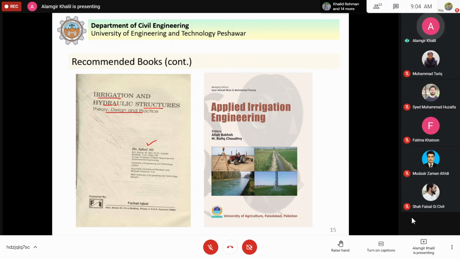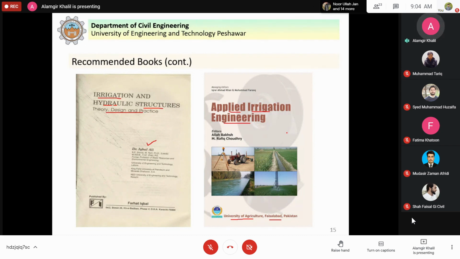And this is another book, Applied Irrigation Engineering. This is published from University of Agriculture, Faisalabad, in 2017. You can find the soft copy on the internet, or you can purchase it from the market. It's a very good book. The main idea here is that you will get some latest data about the water resources in Pakistan and the irrigation system.